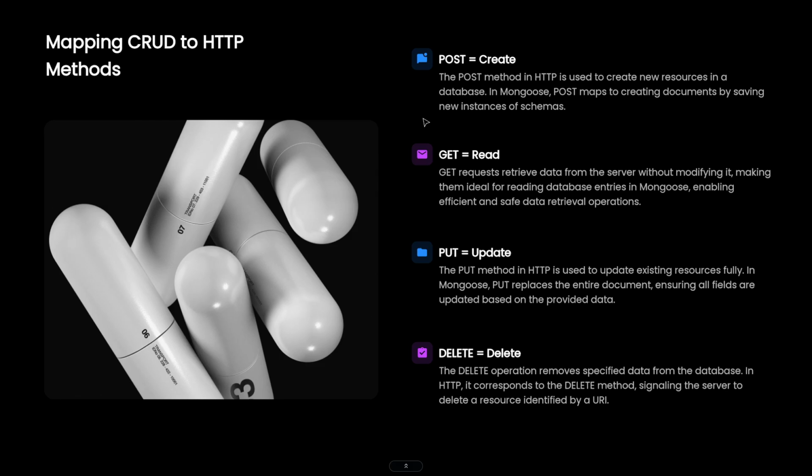GET is used to get the data from the server without any modifications, enabling users to read the entire database in Mongoose without any errors, with simple identification and safe data retrieval operations.